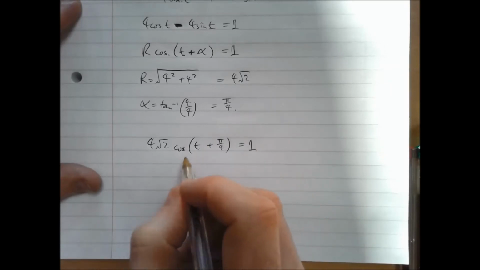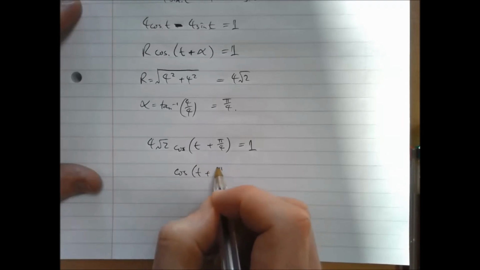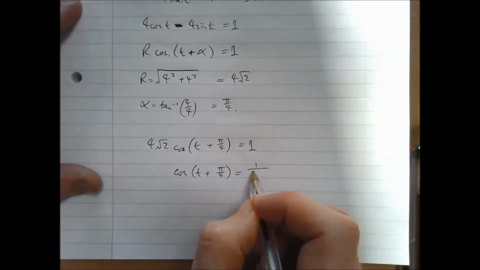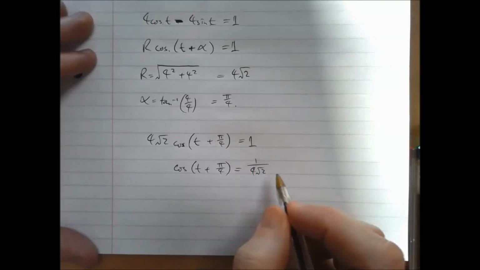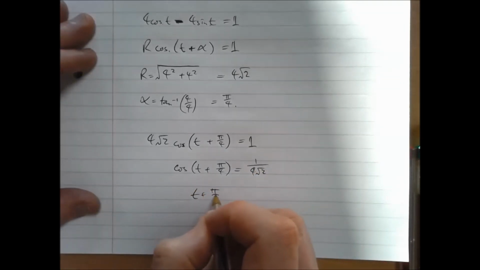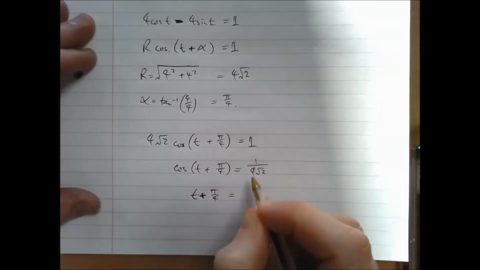Okay, and then start to rearrange from there. So 1 over 4 root 2, t plus pi over 4, inverse cos there.